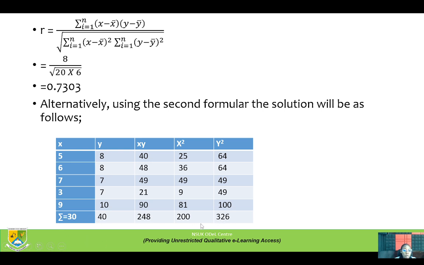What's left now is for you to substitute this into the alternative formula as provided when I introduced the Pearson's correlation coefficient. You are either using this formula or the other one. Now I have used this formula to arrive at this answer. I expect you to use the alternative formula, substituting these values into it to arrive at the same answer. If you don't arrive at this very answer, it means there's something wrong with your calculation. So you have to check again.